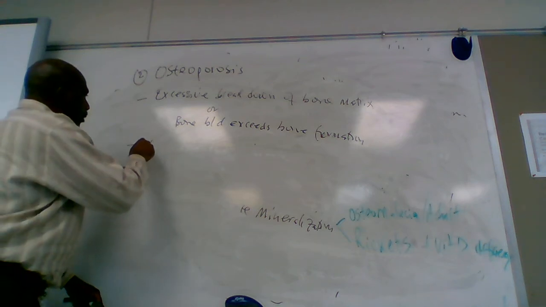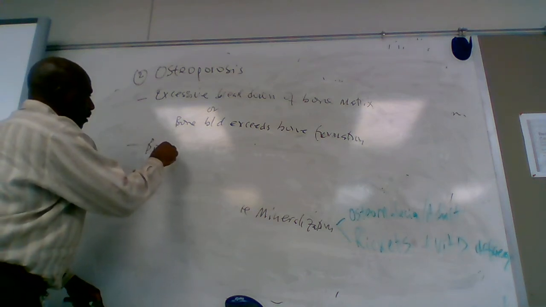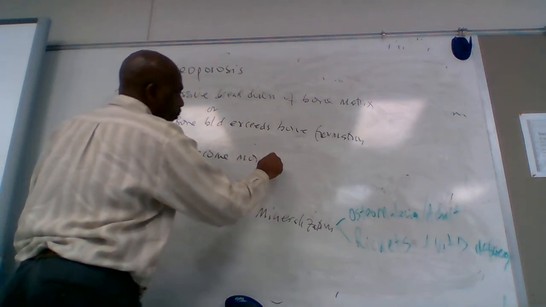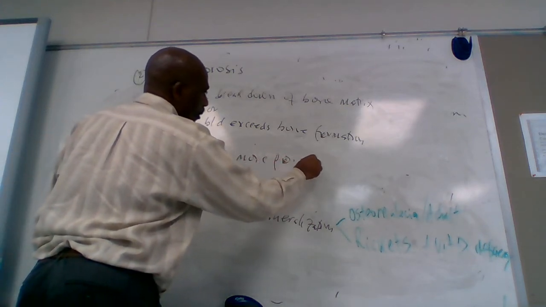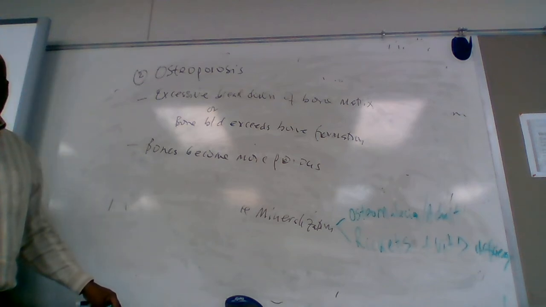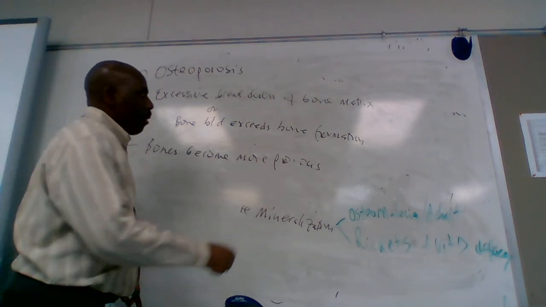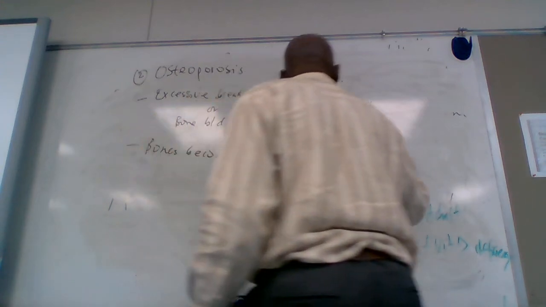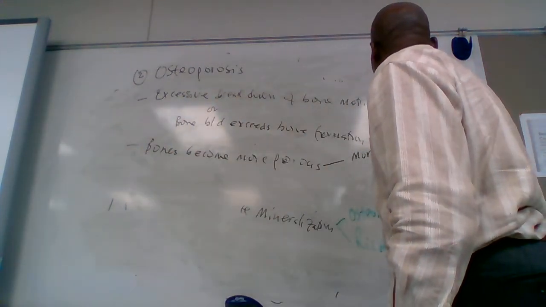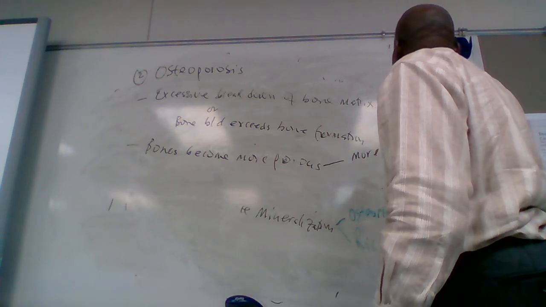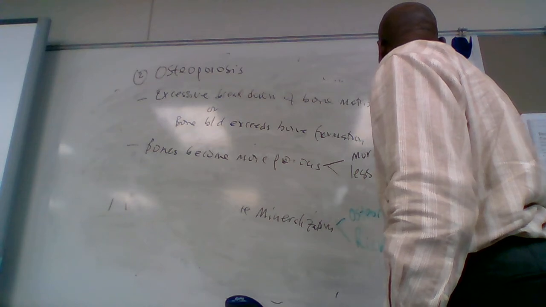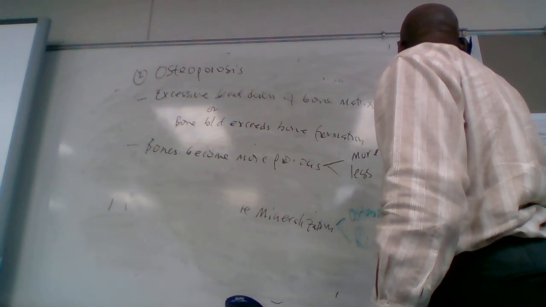When this happens, bones become more porous. When you say bones become more porous, what does that mean? It means that we have more spongy bone and less compact bone.